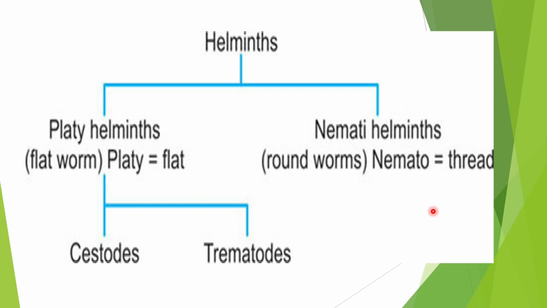Next is helminths. Helminths are divided into platyhelminths and nematohelminths. Platy means flat, so platyhelminths are otherwise known as flatworms. Nematohelminths, nemato meaning thread, are otherwise known as roundworms. Platyhelminths are further divided into cestodes and trematodes.